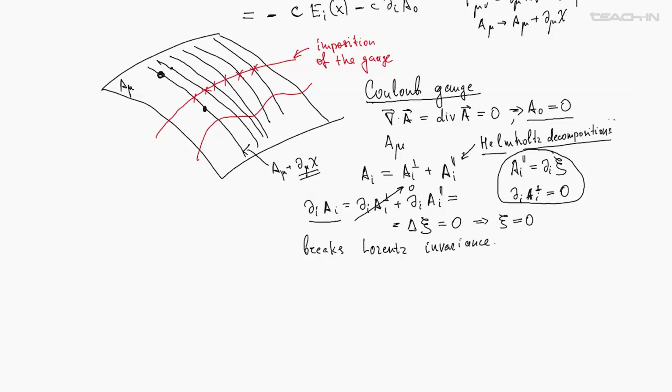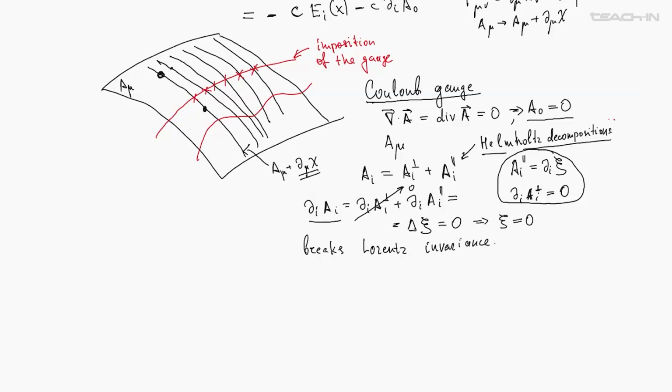If you're breaking Lorentz invariance, then you cannot be completely sure that the results which you obtain do not depend on the Lorentz frame in which you are making your computations.